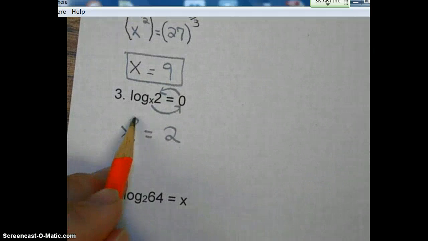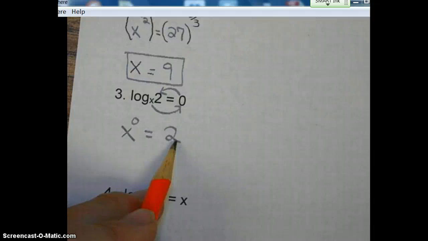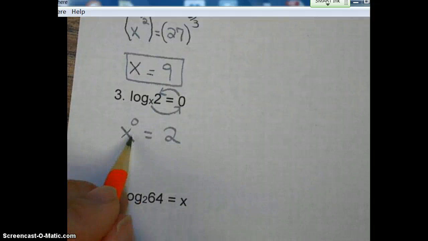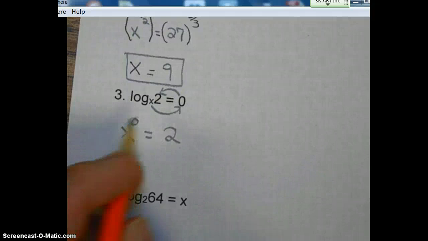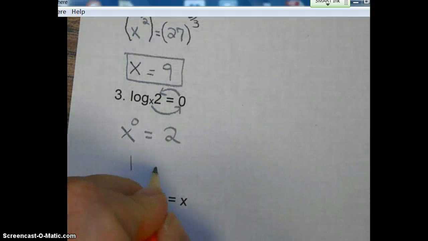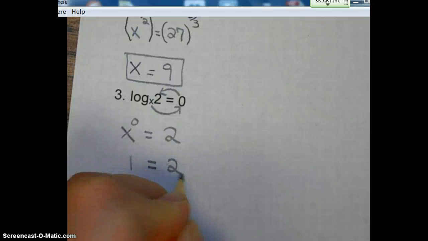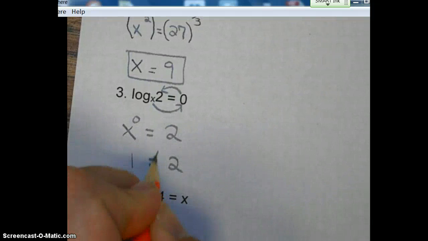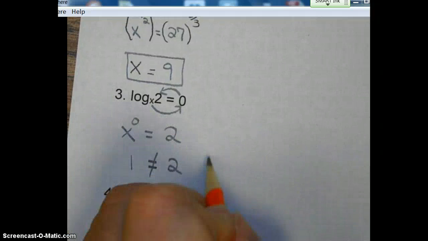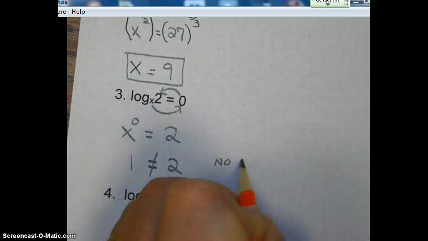X to the 0 power is equal to 2. Well, remember the rule, anything raised to the 0 power is 1. So we end up with 1 equals 2. Well, that's not a true statement. That's a false statement. So the answer is no solution.